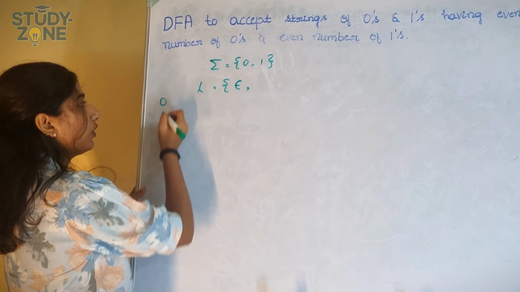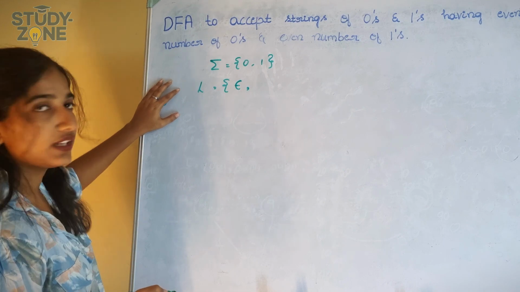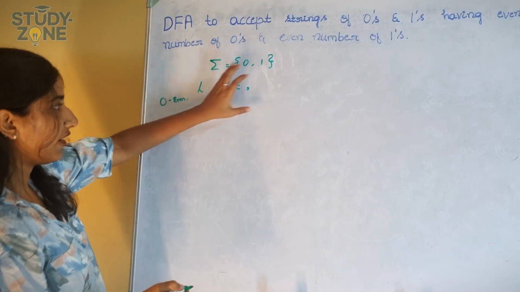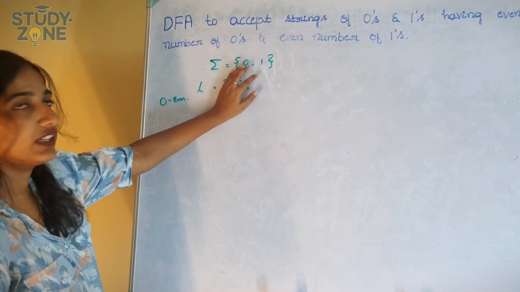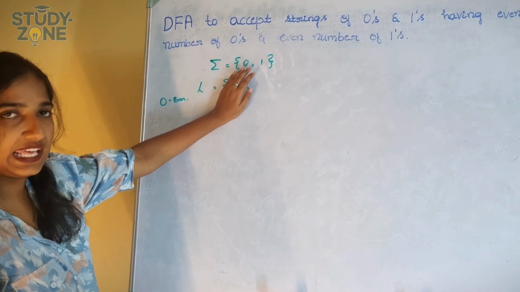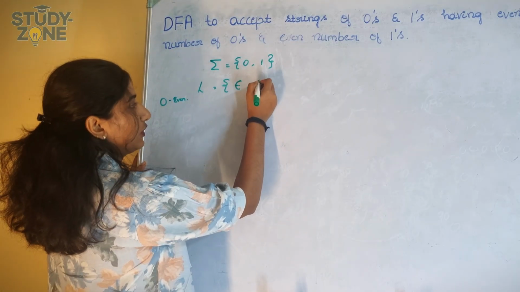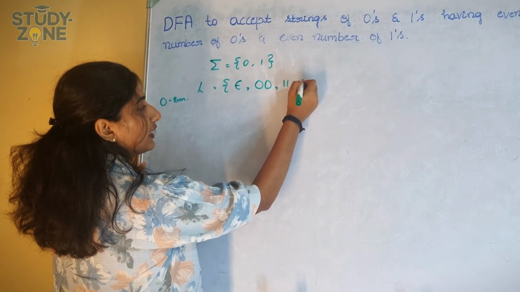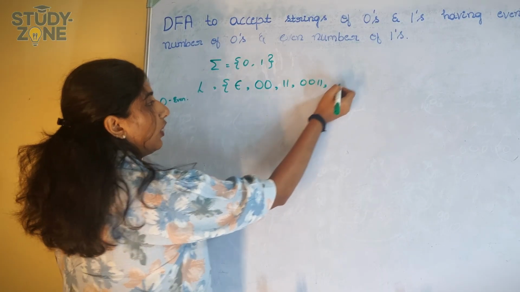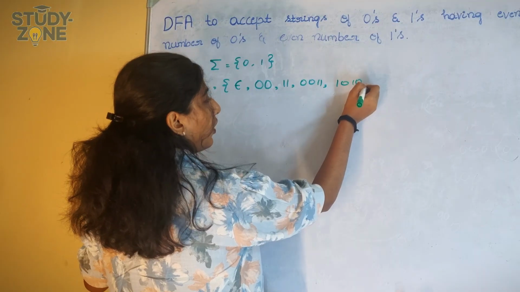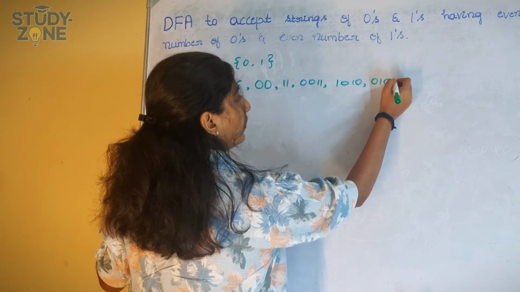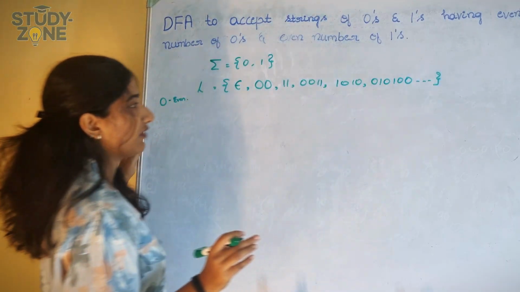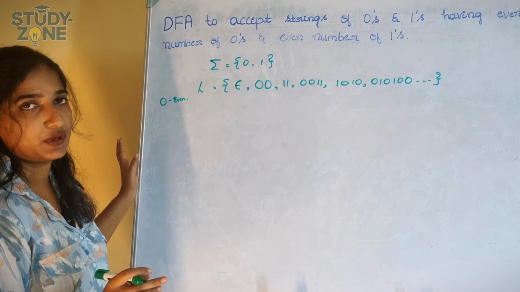Because 0 is an even number, so we can have a string with no characters, and we can accept that one also. Or we can accept 0 0 1 1, or 1 0 1 0, or 0 1 0 1 0 0, and so on. At the end we should have even number of 0s and even number of 1s.